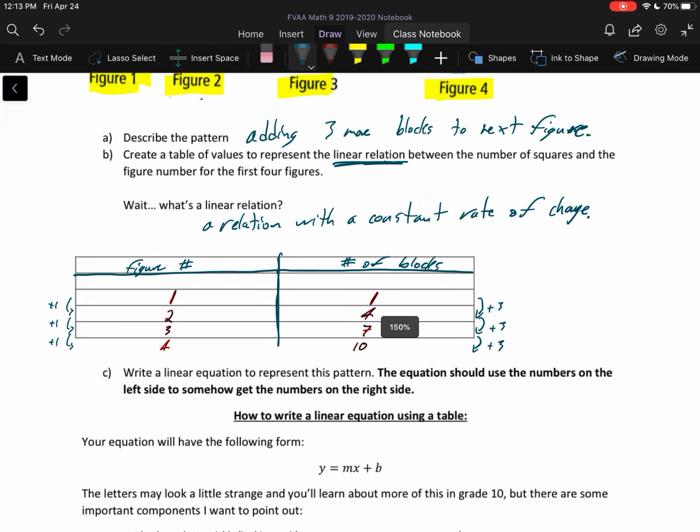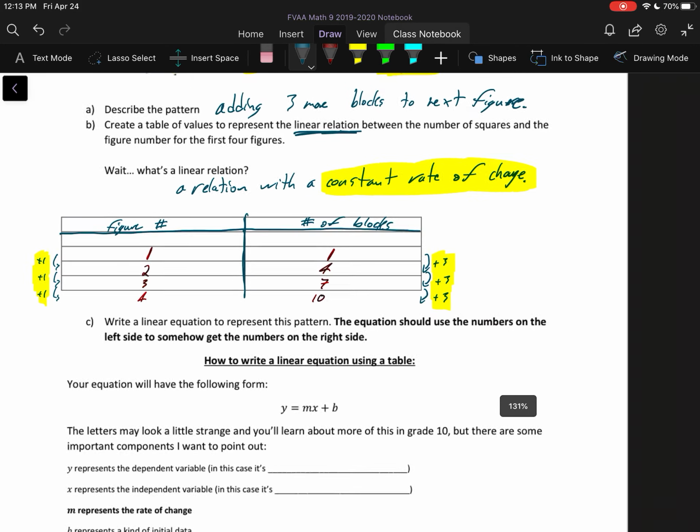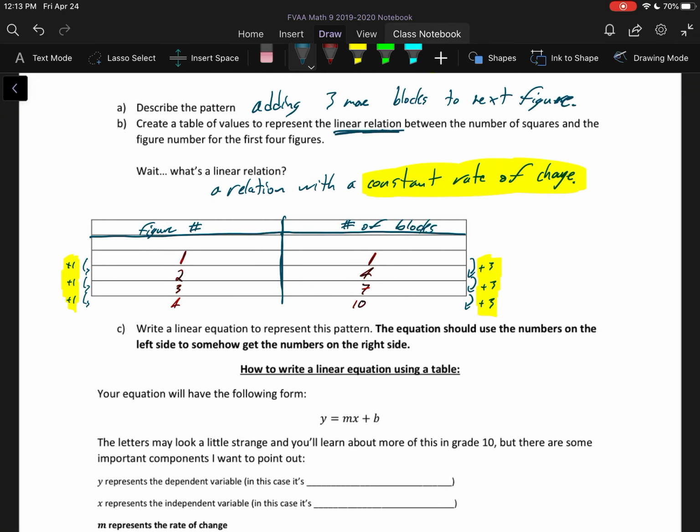And because both sides are going up by a constant amount, that means we're going to have a constant rate of change. And our rate of change here is going to be 3. Okay, and we'll talk about that in a second.